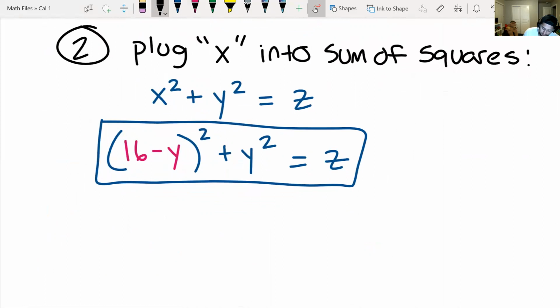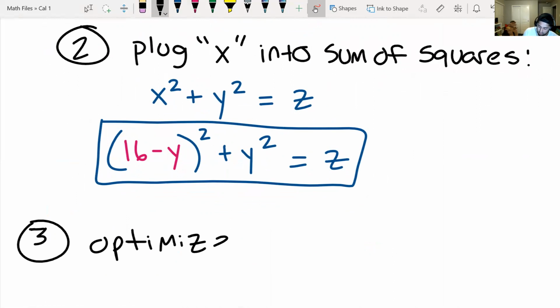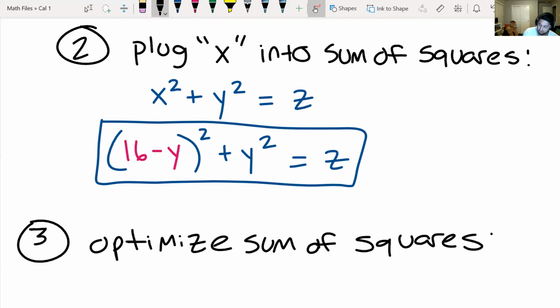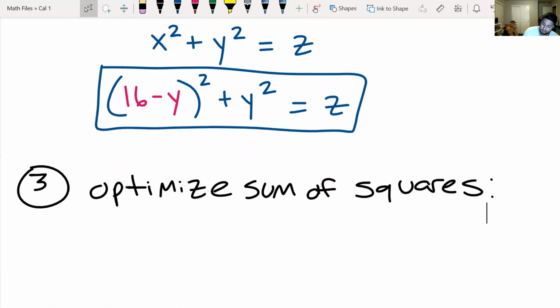So 3. Optimize sum of squares. So I'm going to take the derivative of the formula above with respect to y.